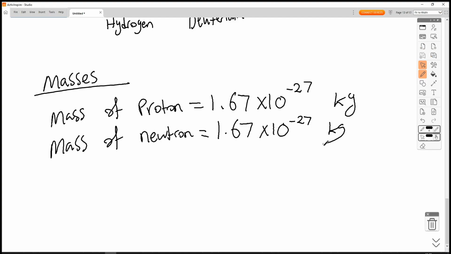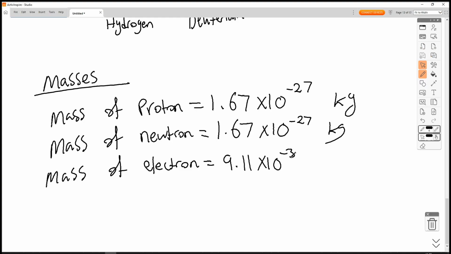Where you have to use the heavier value, the question will refer to the data sheet or will give you the data in a different form. But that's quite rare, and the question will make that obvious to you. And then the mass of the electron is equal to 9.11 times 10 to the minus 31 kilograms.